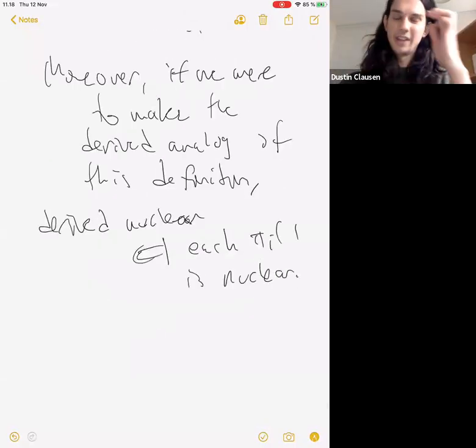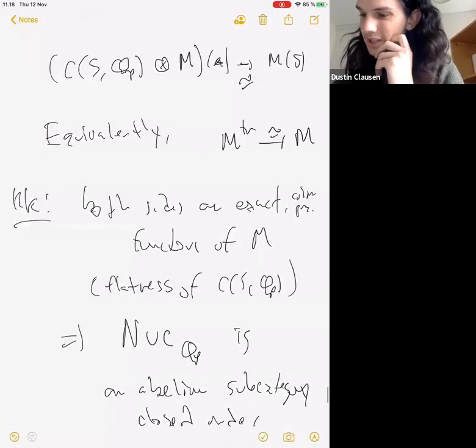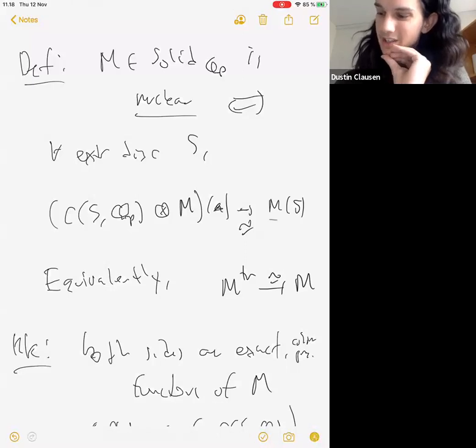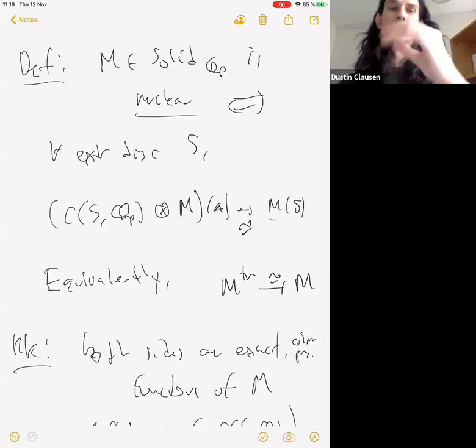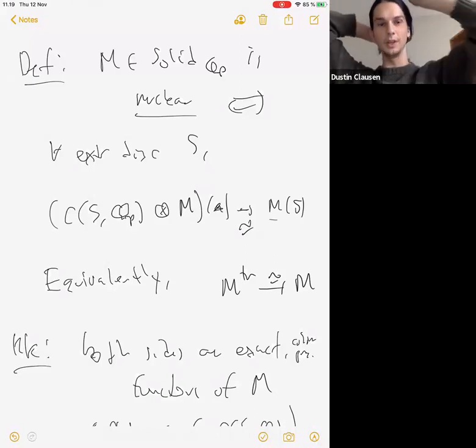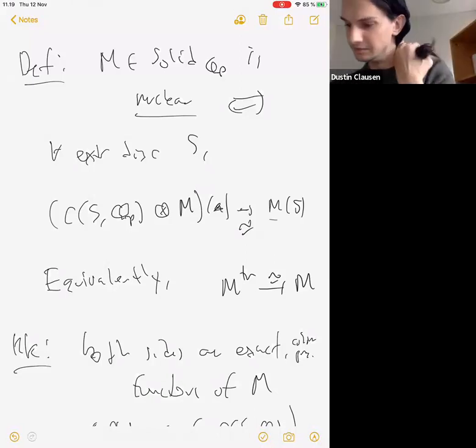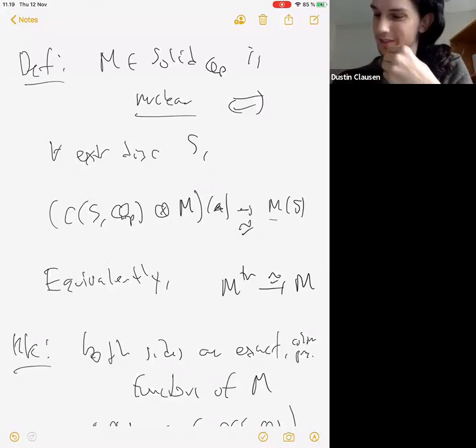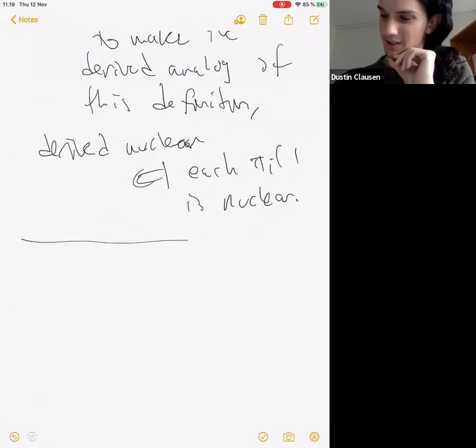So an object in the derived category is derived nuclear if you take a derived tensor product here instead, and ask that this be an isomorphism in the derived category of Q_p vector spaces. That is equivalent to having this condition for each homotopy group of M. This is nice, because sometimes it's easier to make derived arguments, and now you can easily pass back and forth between them.